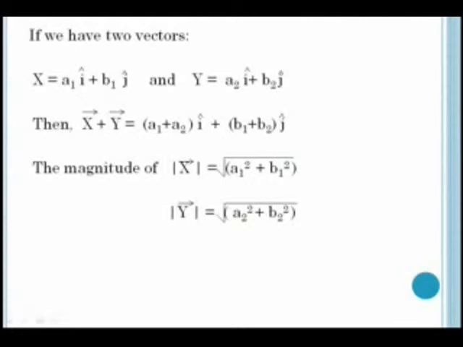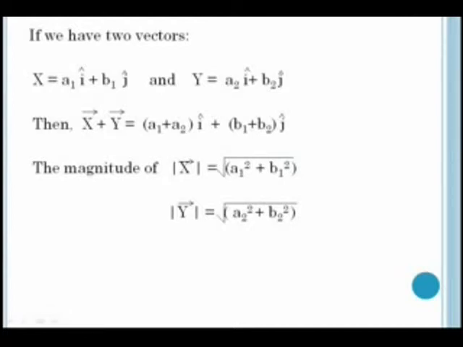Let us say that we have got two vectors x and y. Now x could be written as a1 i cap plus b1 j cap, and similarly we can have another vector y equal to a2 i cap plus b2 j cap. So we have expressed this vector as a linear combination of two vectors i cap and j cap, and similarly we have expressed this vector. Now if we want to add these two vectors x and y, then x plus y would be equal to (a1 plus a2) times i cap plus (b1 plus b2) j cap.